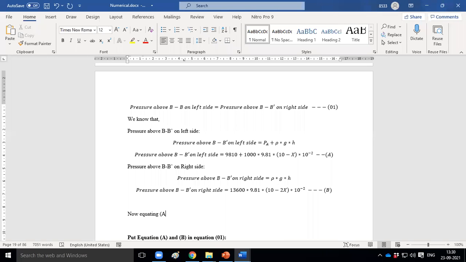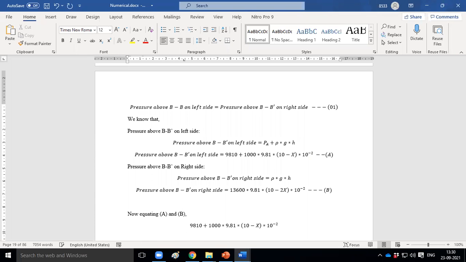Equation A and equation B are equal because the pressure above the datum line on the left side as well as the right side is the same. Therefore, we equate equation number 1 and equation number 2. So the equation will be like this.